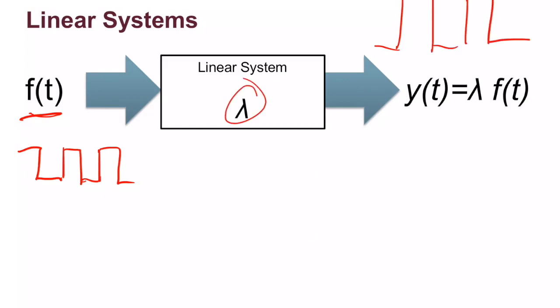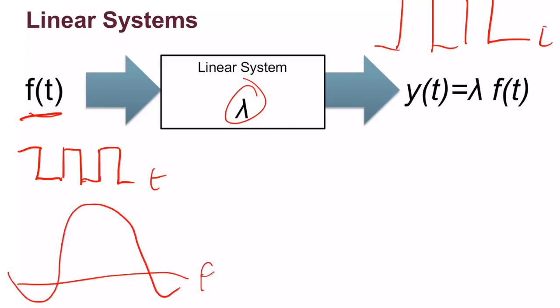So what's going to happen? Well, if we look at it in the spectrum, we would expect from a square wave to have a sinc with our regular pulses.